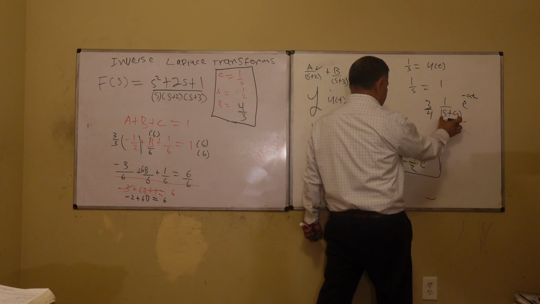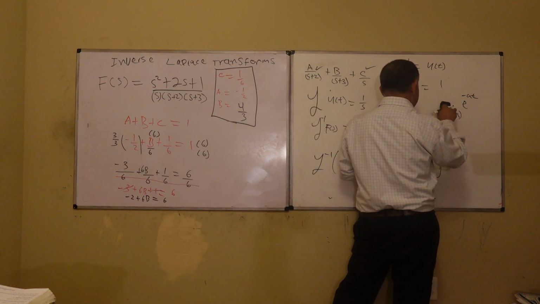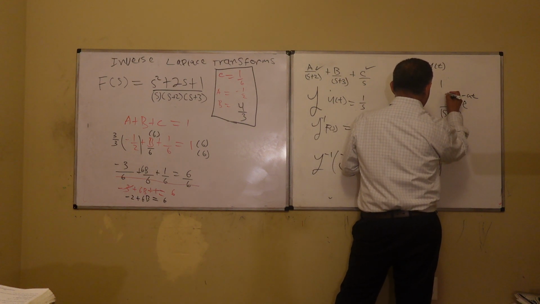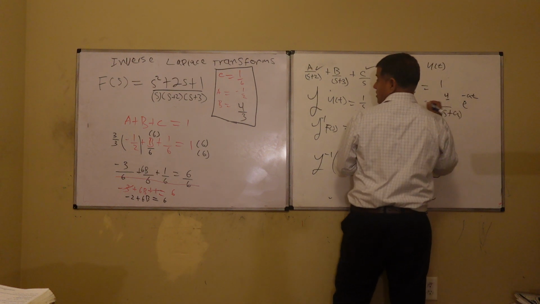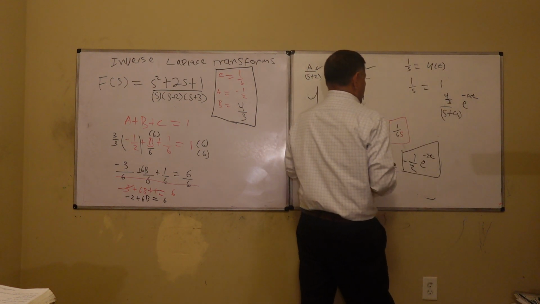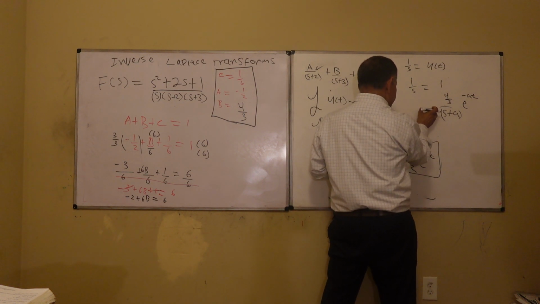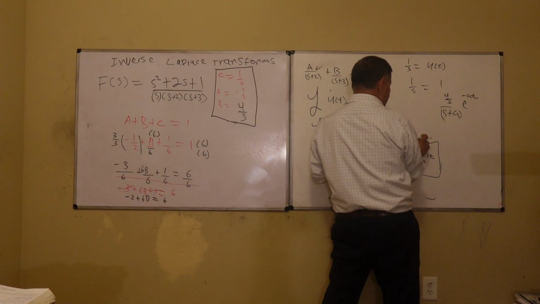Now notice that this technically is supposed to be on the top: 4/3. That gets put in front because that's the rule we use.